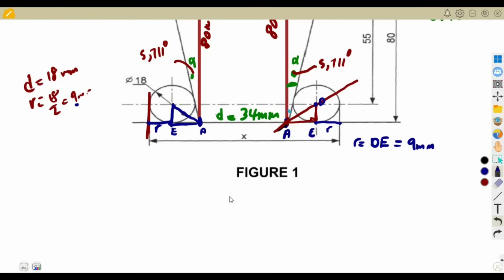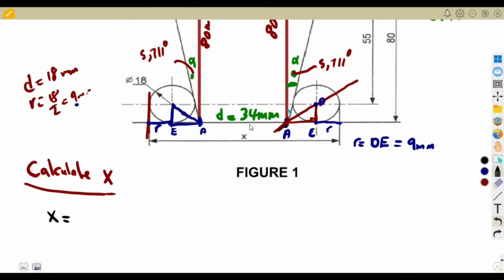So if we take this, guys, we can calculate X. To calculate the distance X, we are going to see that X is a combination of a lot of things here.